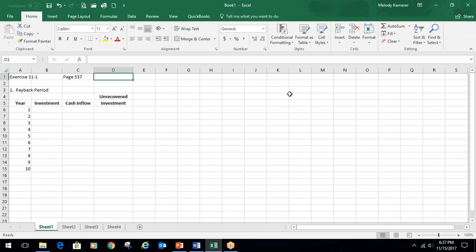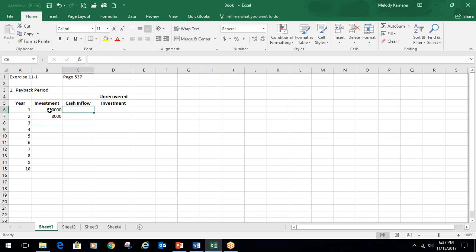It's going to have varying cash inflows, so we're going to have to determine how many years it will take before we have recovered our investment. So our investment in year 1 is $15,000, and this is all coming from the chart that is listed in exercise 1. And we know in year 2 we have an investment of $8,000.